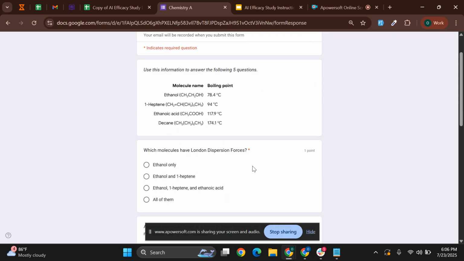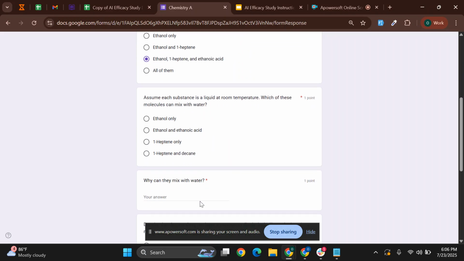I will go with something, ethanol. I will go with it. Assume each substance is a liquid at temperature. Which of these molecules can mix with water? I will go with ethanol only.